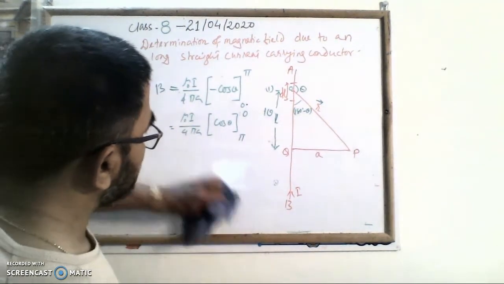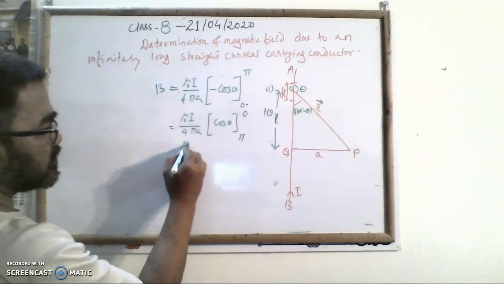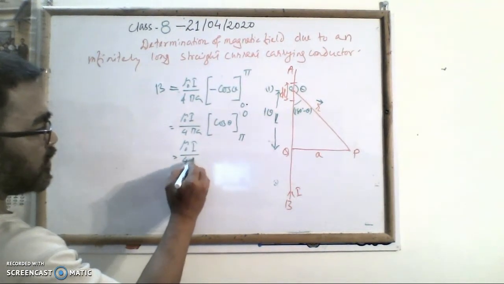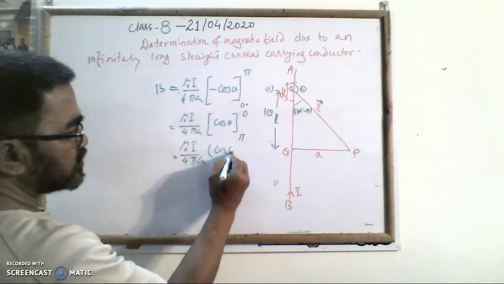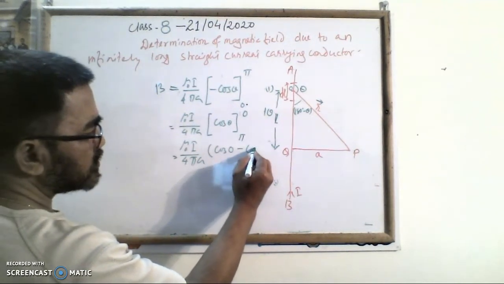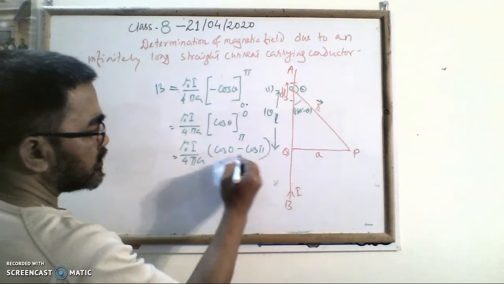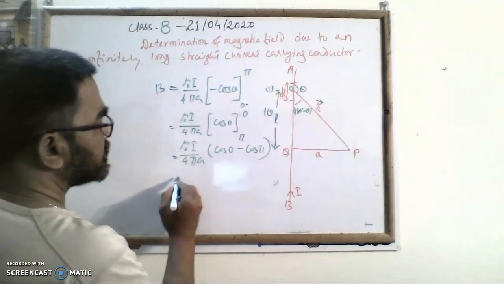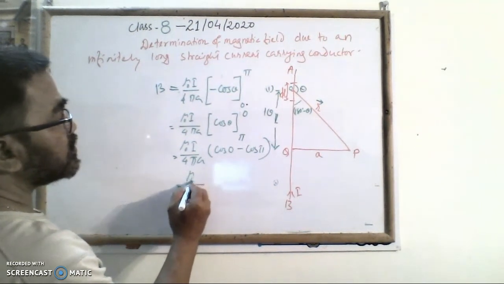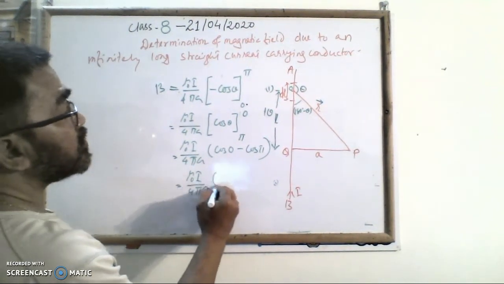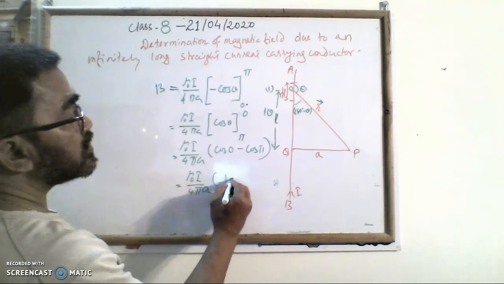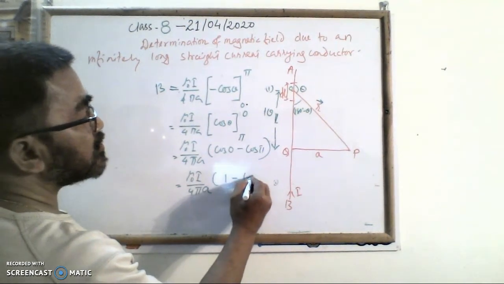Then what will you get? Mu naught I by 4 pi A, cos 0 degree minus cos pi. The value of cos 0 degree is equal to 1, the value of cos pi is equal to minus 1.